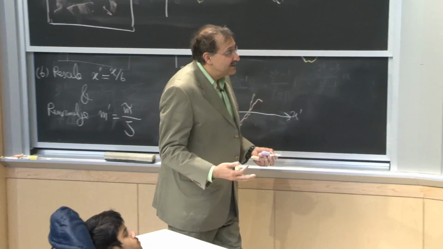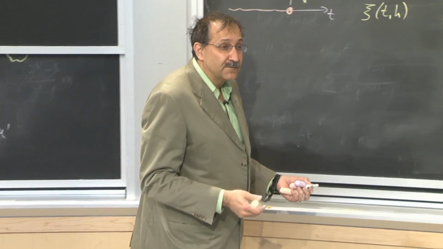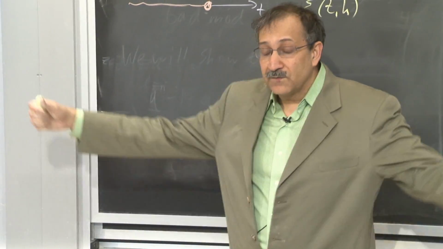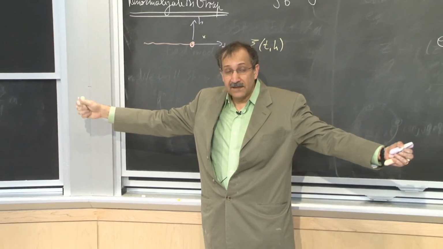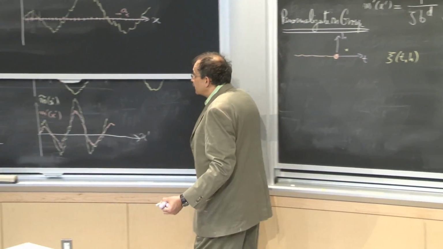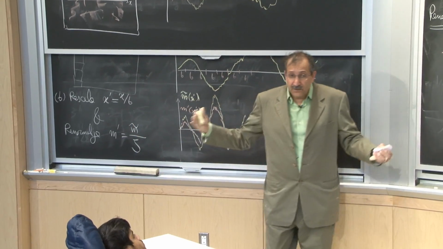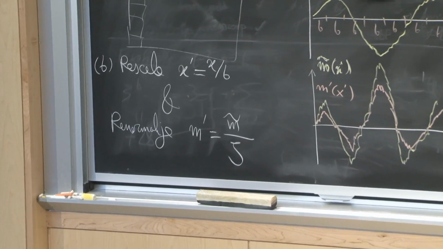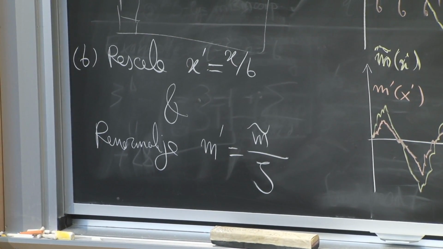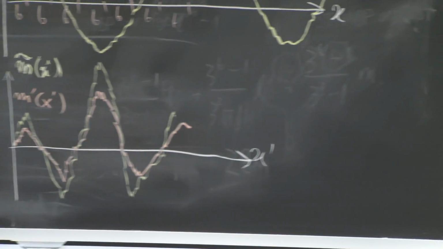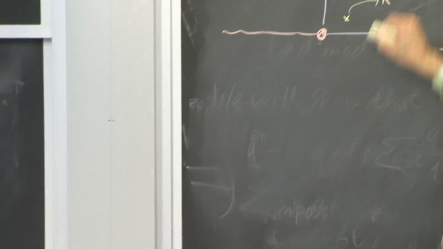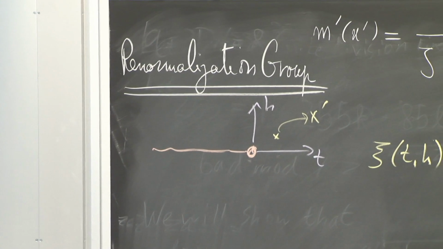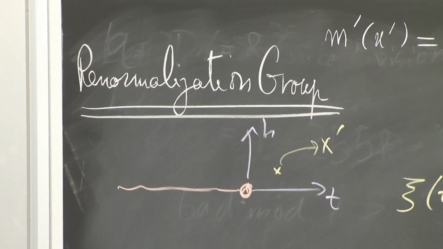But at the end of the day, I certainly will not get back my original weight, because I look at the picture after this transformation. Before the transformation, I had a long correlation length, let's say a mile. When I do this transformation, that correlation length is reduced by a factor of b. So the new system has deviated more from the critical point, because the further you go away from the critical point, you have a larger correlation length.